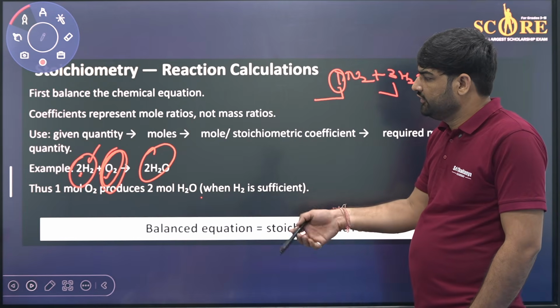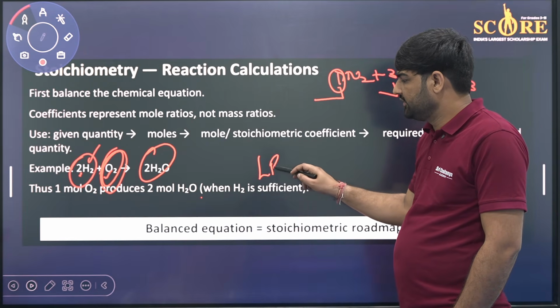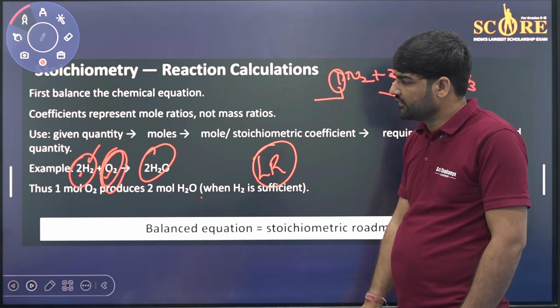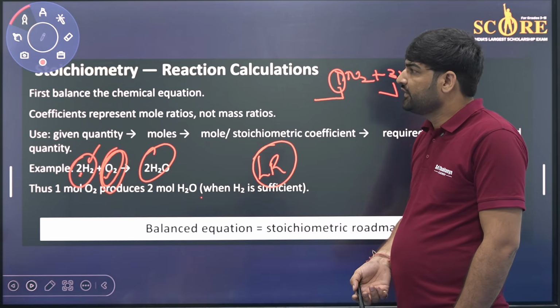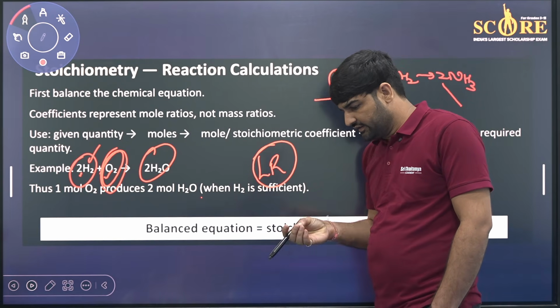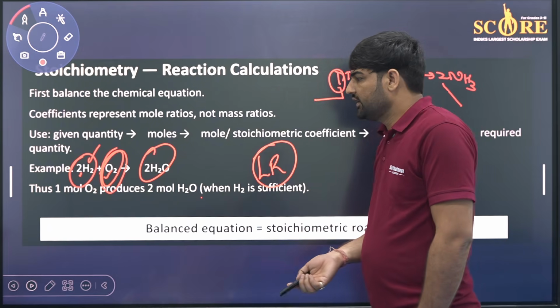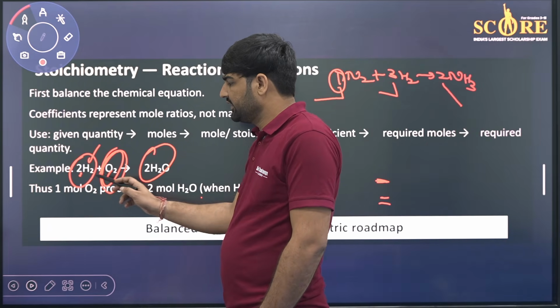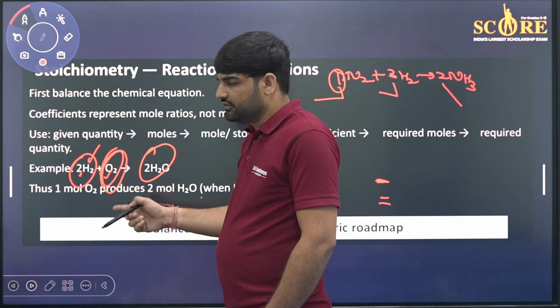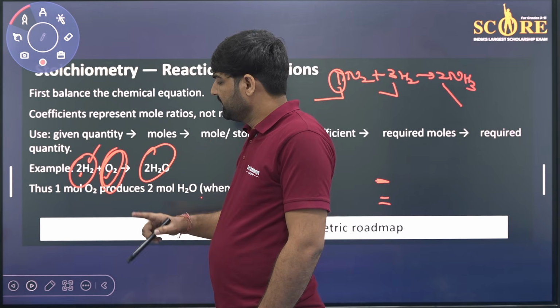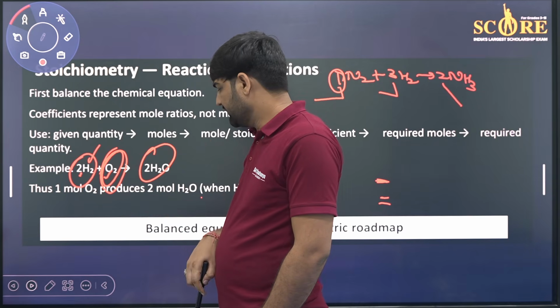For that we have to define a new term, limiting reagent, known as LR. So what is meant by LR? LR is a reagent which is consumed first in a balanced chemical reaction. Here there are two reactants. Which reactant will be consumed first in the balanced chemical reaction? That will be the LR.